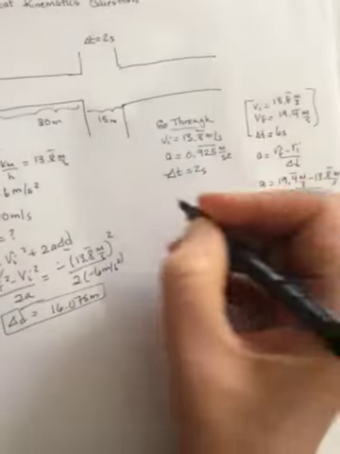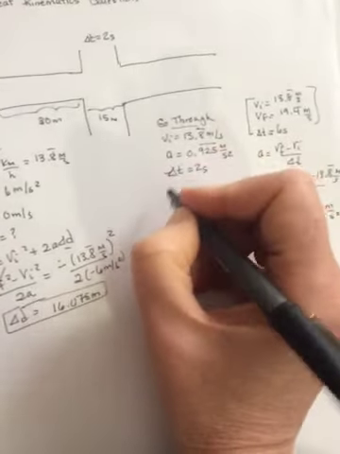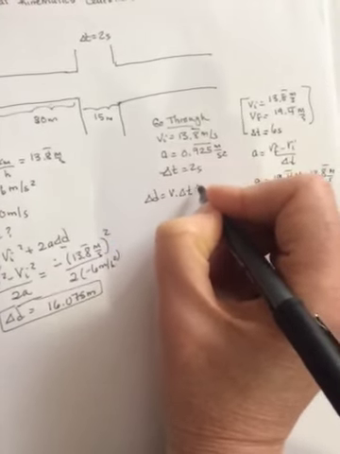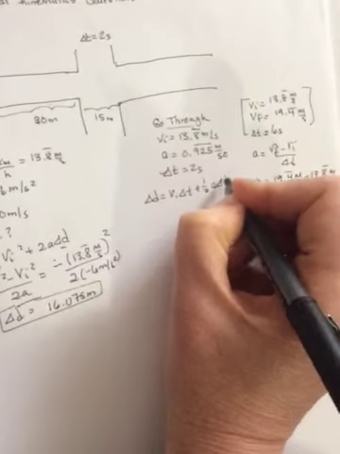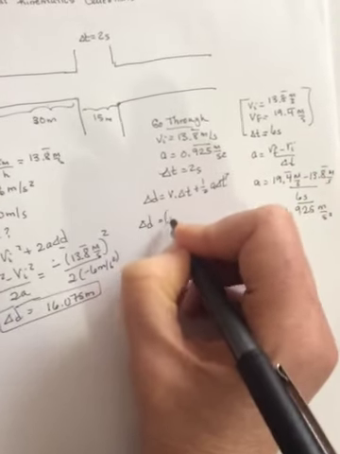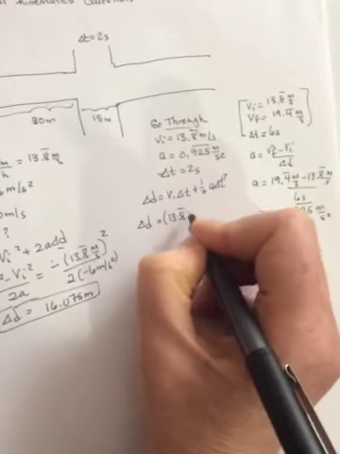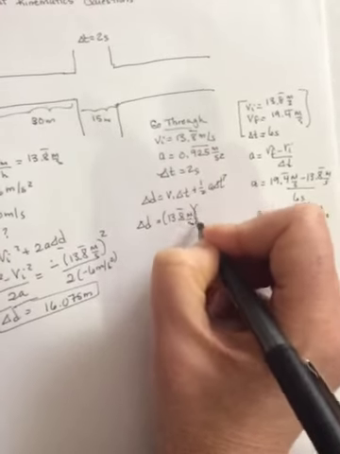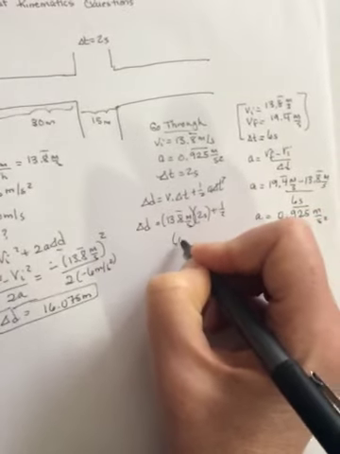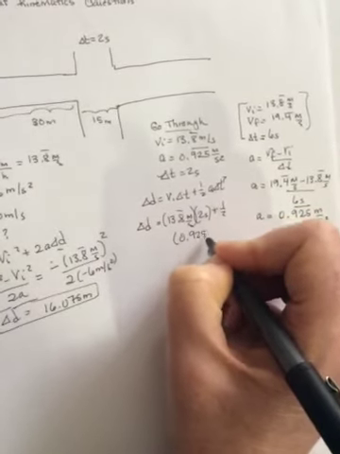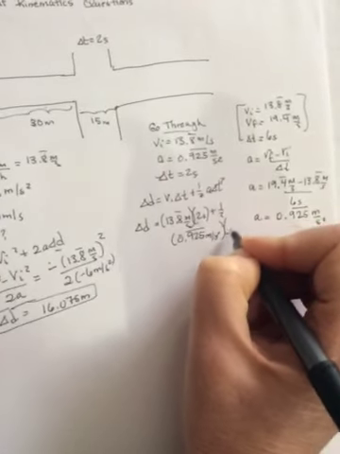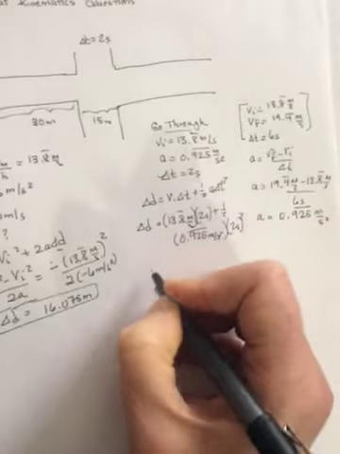Okay, so this time we do want to use the time. So we're looking for delta D again. VI delta T plus 1/2 A delta T squared. So 13.8 repeating meters per second times 2 seconds plus 1/2 times 0.925 meters per second squared, and that's repeating, times 2 seconds squared.